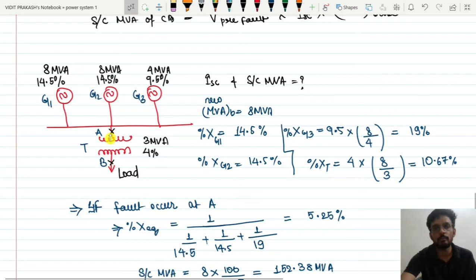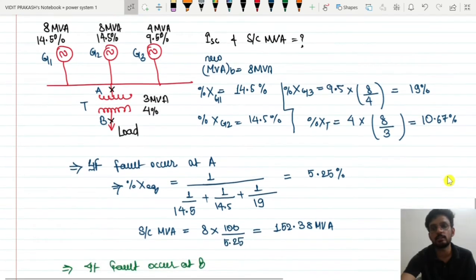So the equivalent percentage reactance we have calculated till A is 5.25, right? After that we need to add the percentage reactance for the transformer also. The new percentage reactance for the transformer is 10.67.